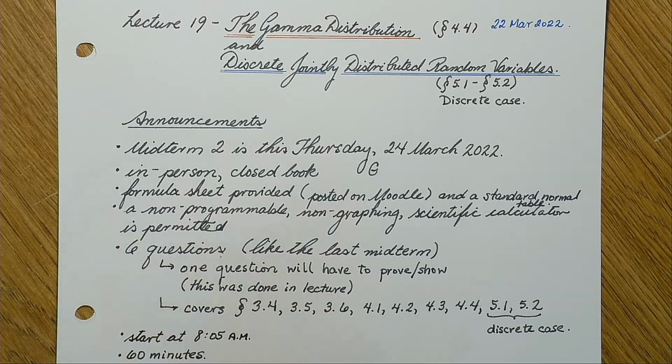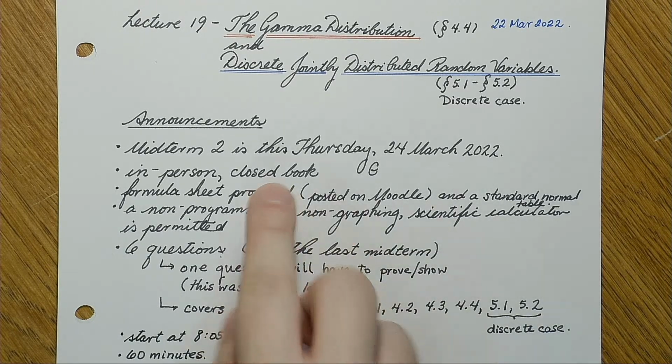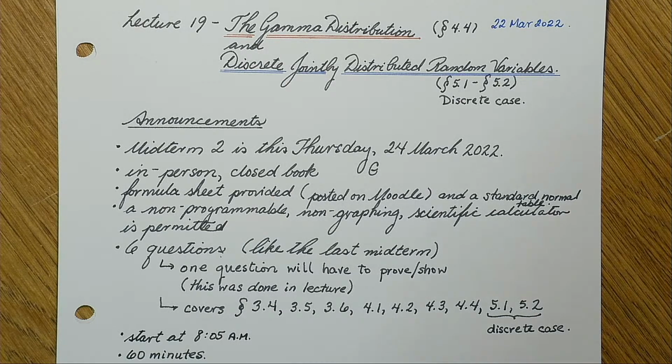So a couple of announcements. Midterm 2 is this Thursday, the 24th of March, 2022. It's in person, and it's going to be closed book. It's in Girard, let me just double check that.